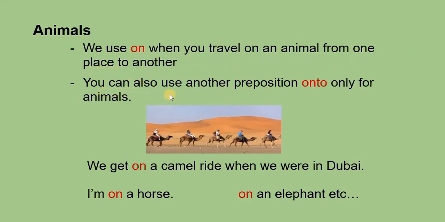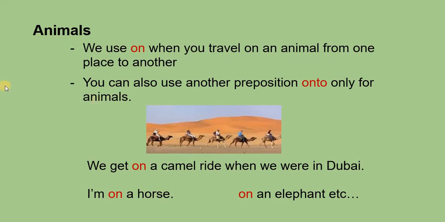You can also use another preposition onto only for animals. Okay? So there are people who also they're on the horse or on a camel, like in Dubai.